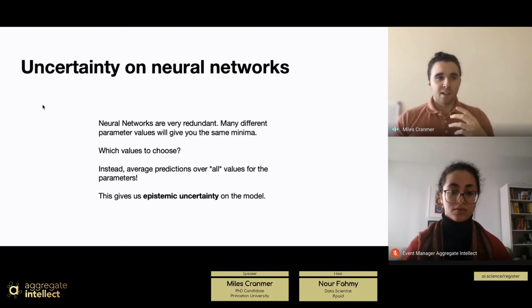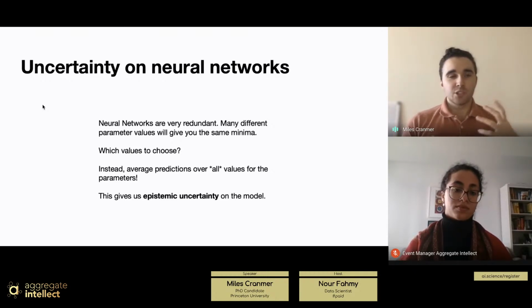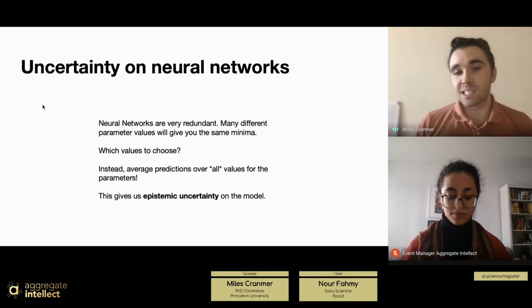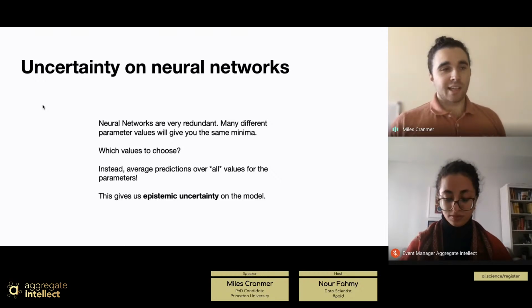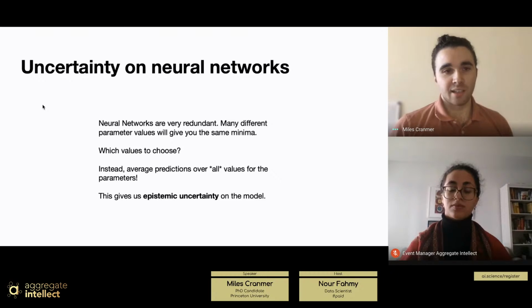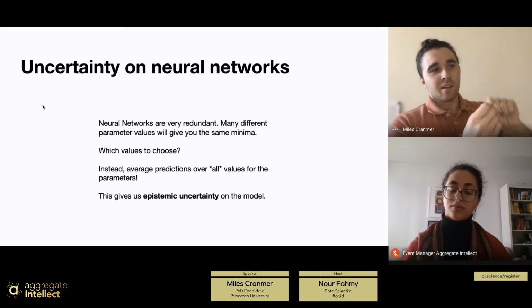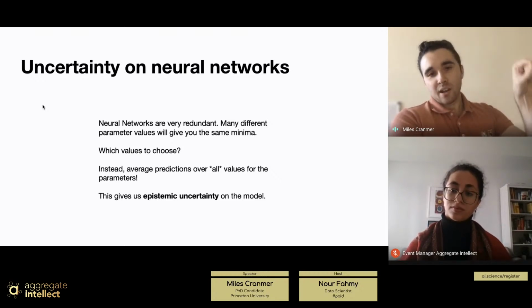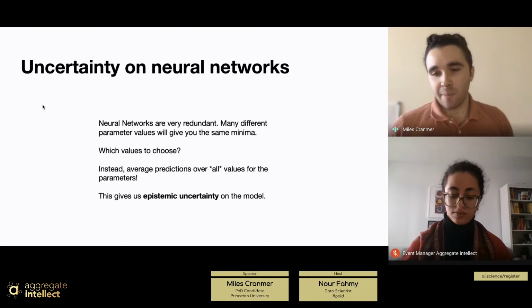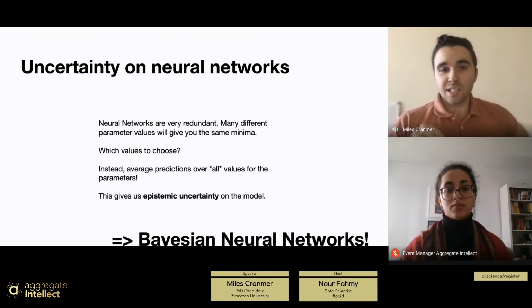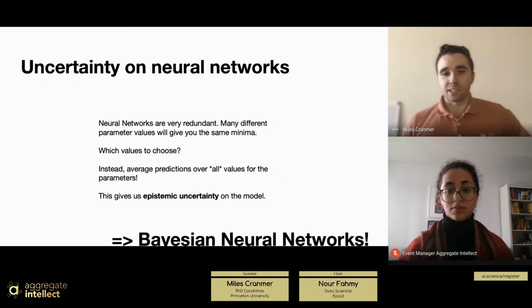This is a way to model the epistemic uncertainty of the model. This is the model-based extrapolation uncertainty. If I try to extrapolate, I don't really know where it's going to go. This is called the epistemic uncertainty. So this is what a Bayesian neural network is.